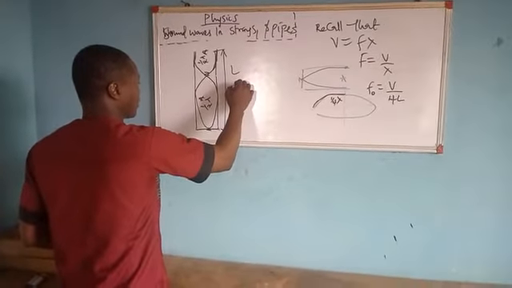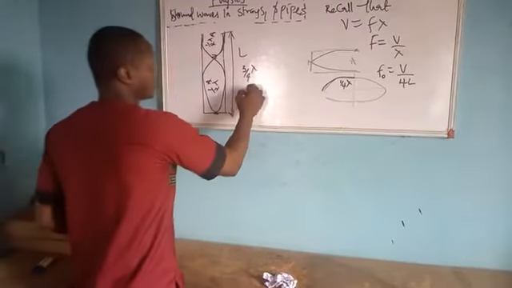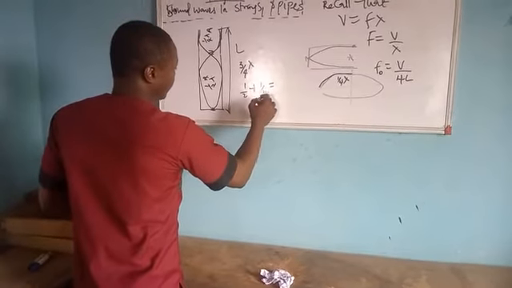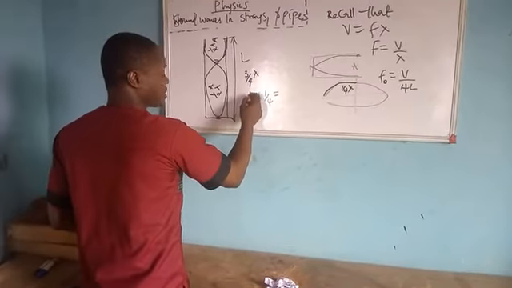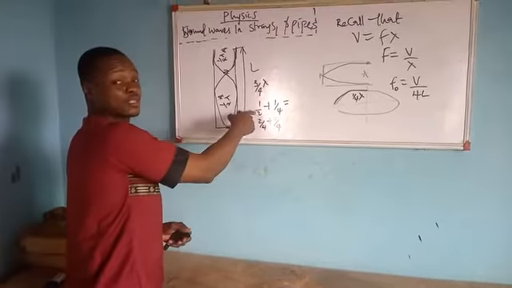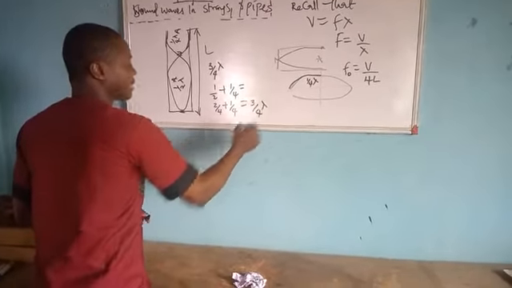It will give us 3/4. What I'm saying is 1/2 plus 1/4. When you raise this up, this will be 2/4 plus 1/4. Just multiply the denominator by 2. So now I have 3/4 lambda.